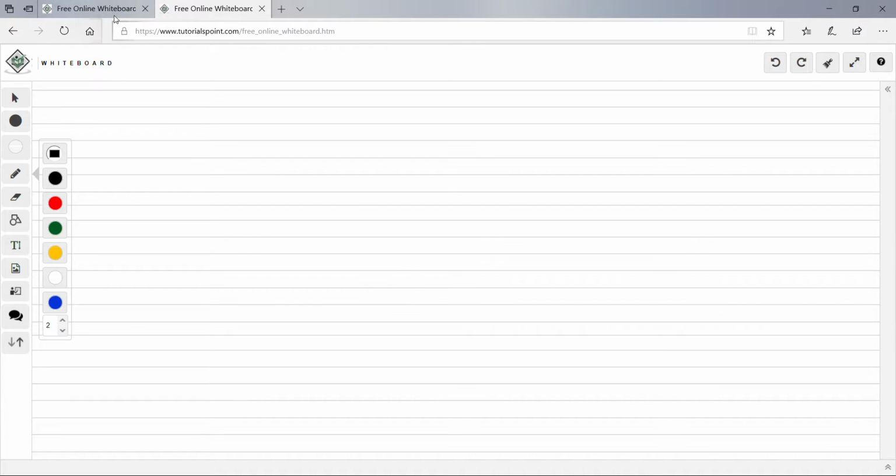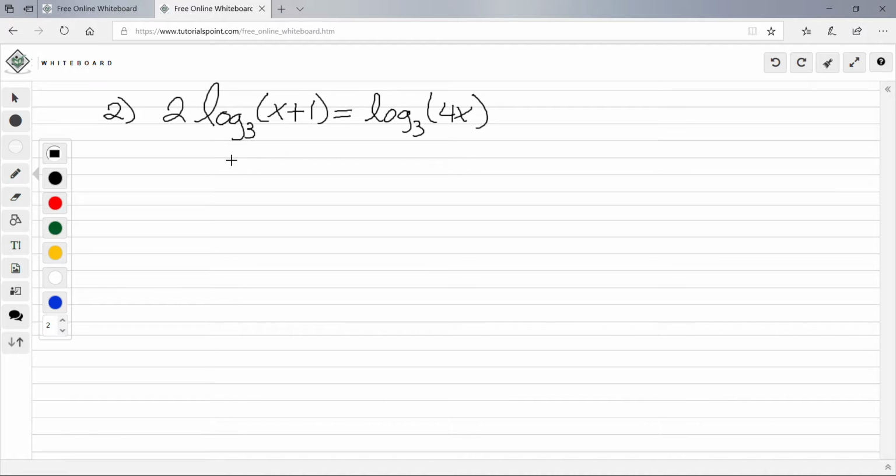So we have 2 log base 3 of x plus 1 equals log base 3 of 4x. Let's simplify the left side.